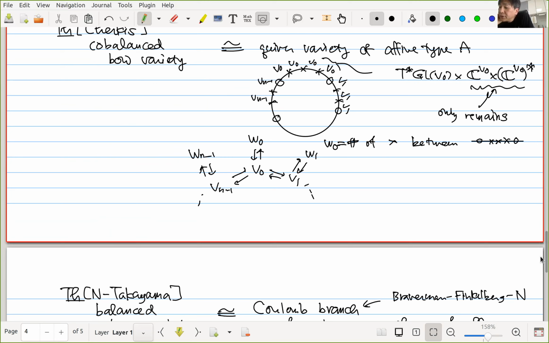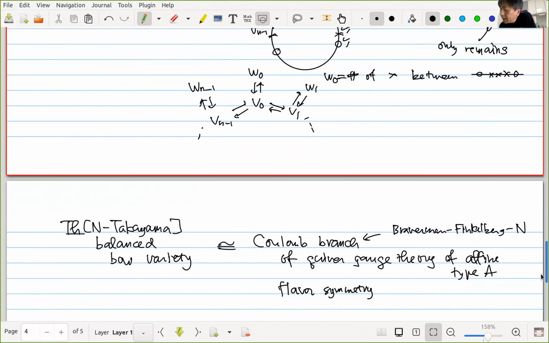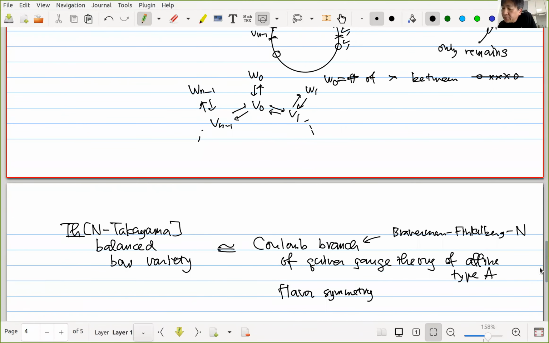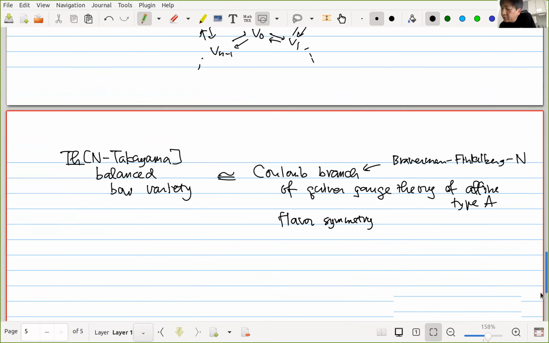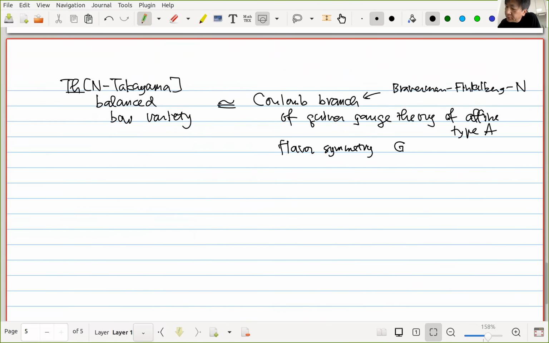Still, because of the symmetry of the graph, you can have the quiver representation by the same rule if I just replace crosses and circles. Then you have flavor symmetry. So the general linear groups of the W's are called flavor symmetry groups.